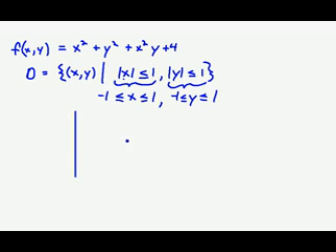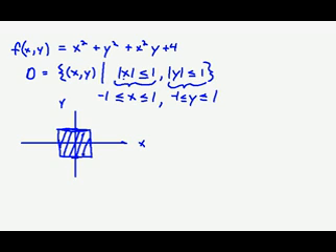So if this is the xy plane, then D might be this square right here, and its interior, where this top border is y equals 1.